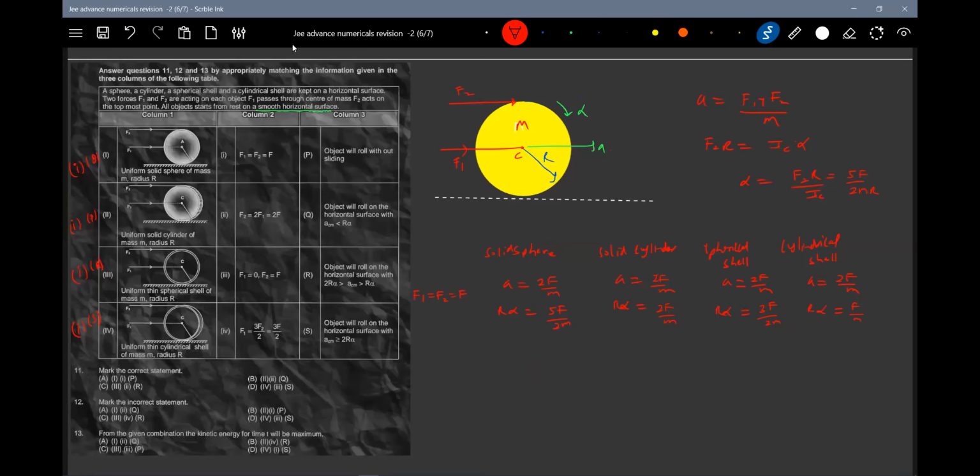Now let's see that F2 equal to F1 equal to 2F.